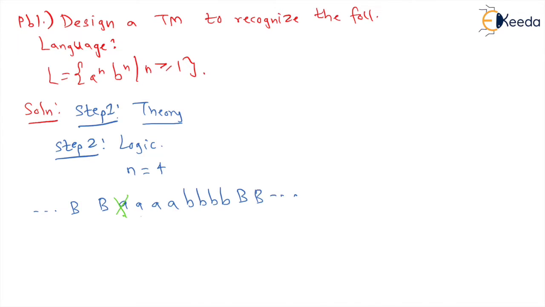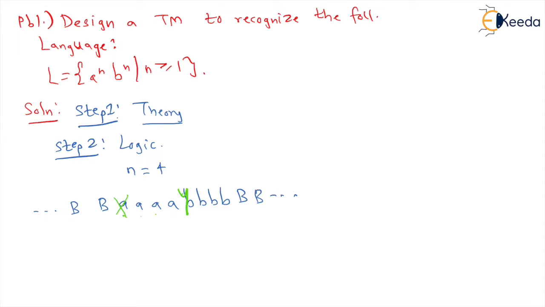You get another A, bypass it, go ahead. You get a further A, bypass it, go ahead. This bypassing of the A's is going to go on and on till you get the first B.